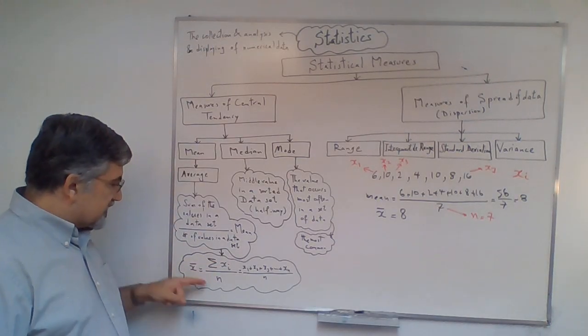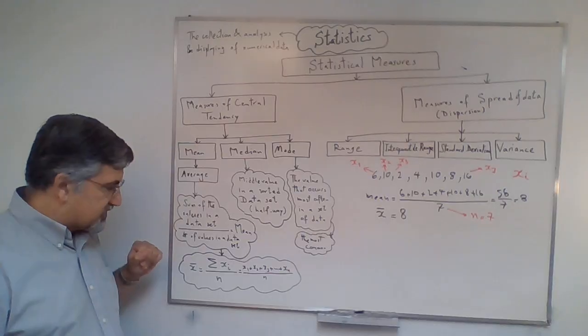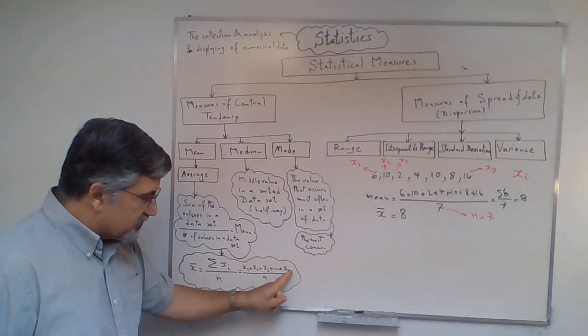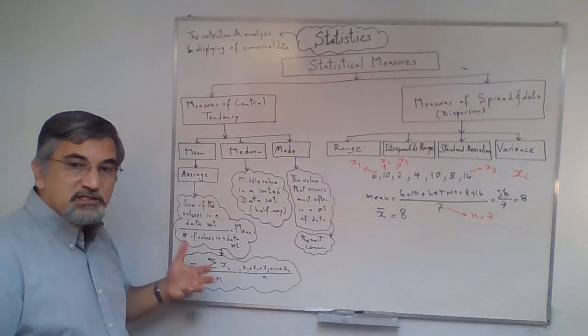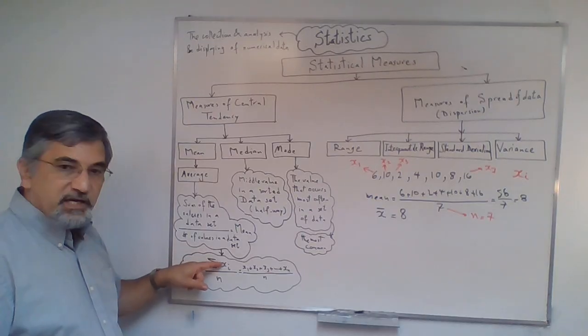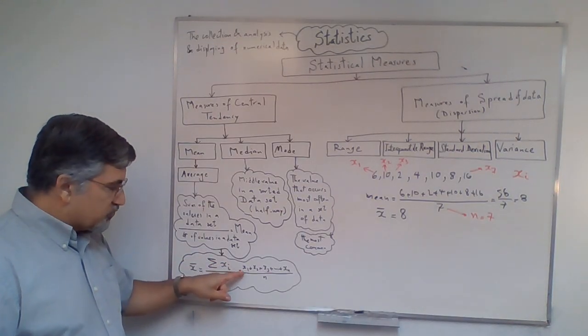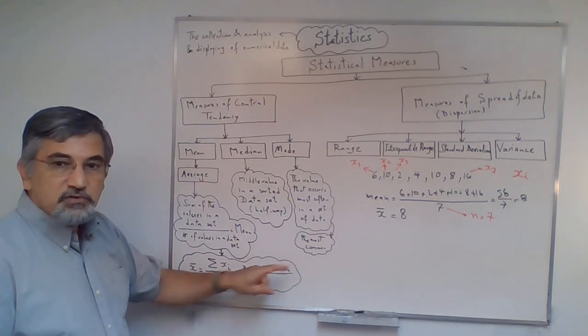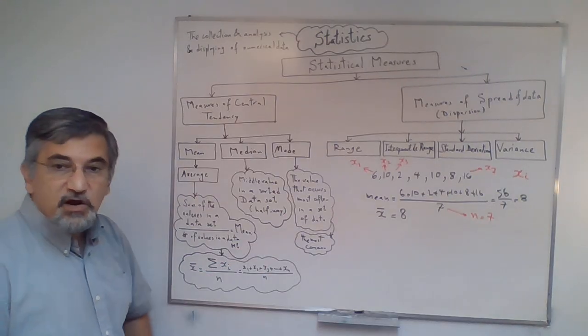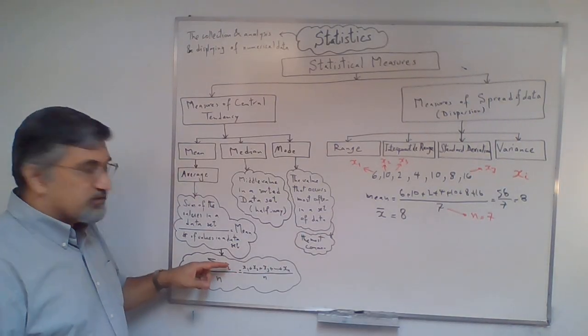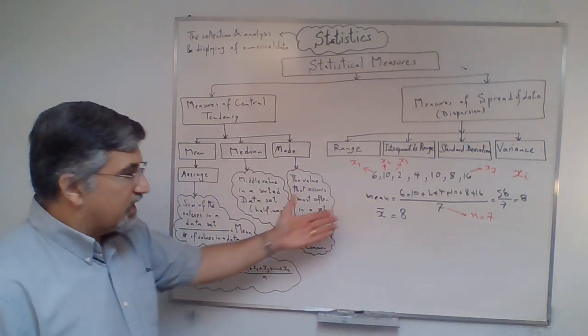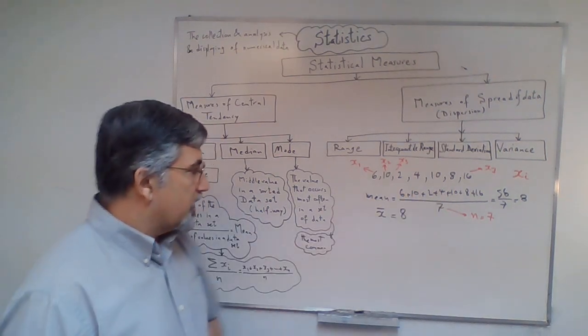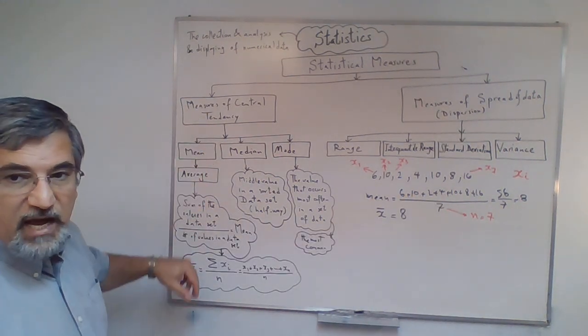The denominator is n, or the number of values in the data set. And I have written this same idea in expanded form. The meaning of sigma x sub i is x1 plus x2 plus x3 up to x sub n. That's the meaning of it, which means you're adding all the data values as I did before your eyes right here. So that's the story of mean or the average.